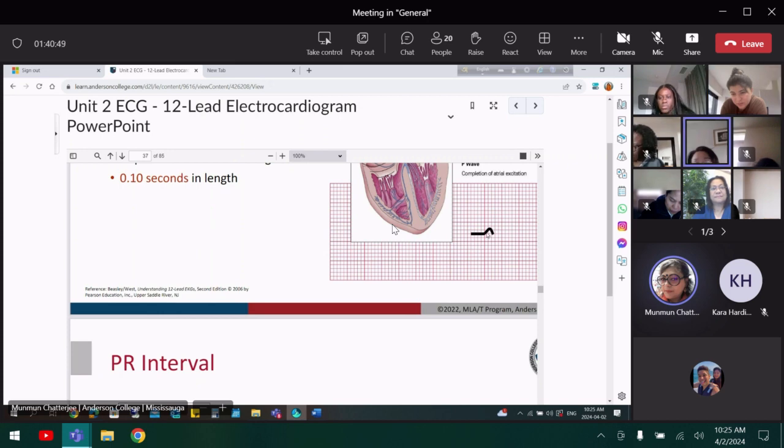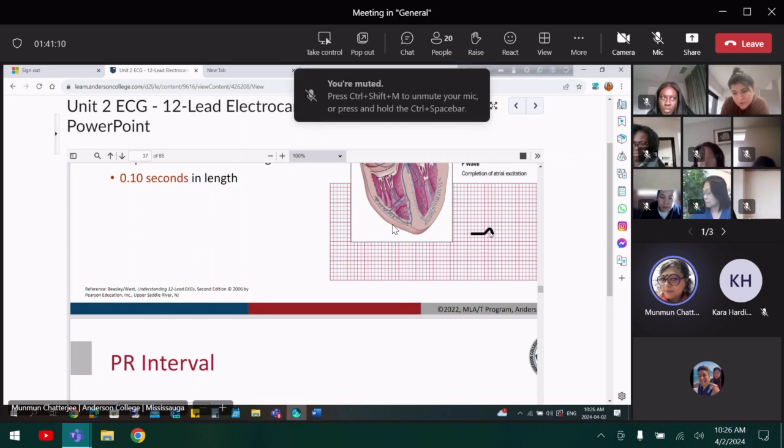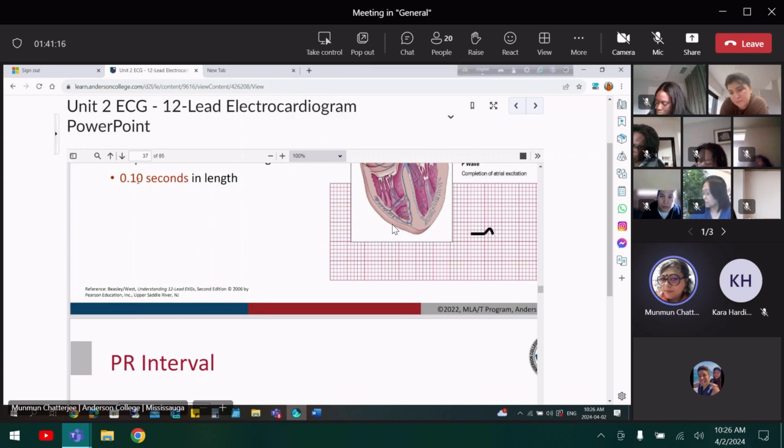A square takes 0.04 second. It is 2.5 squares covered, not 0.25. 1 square, 2 squares and a half. 2.5 squares are covered by 0.1 second.